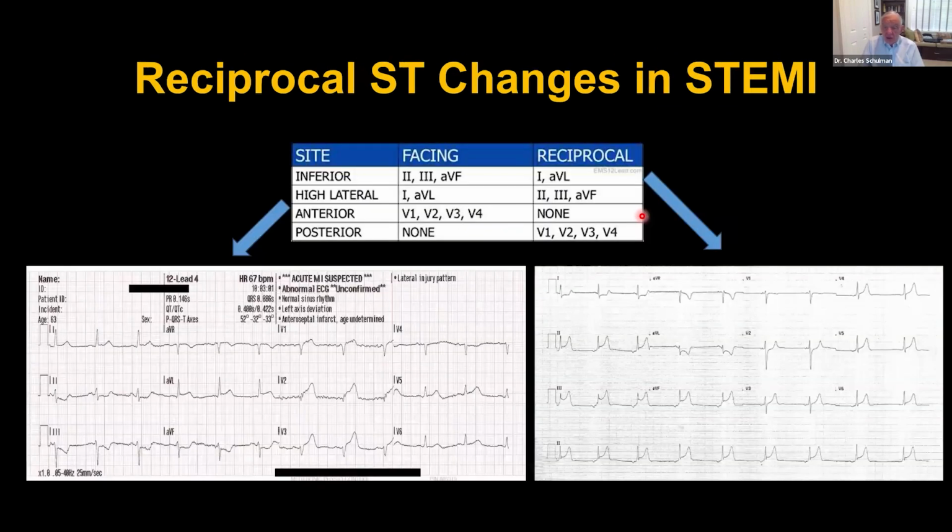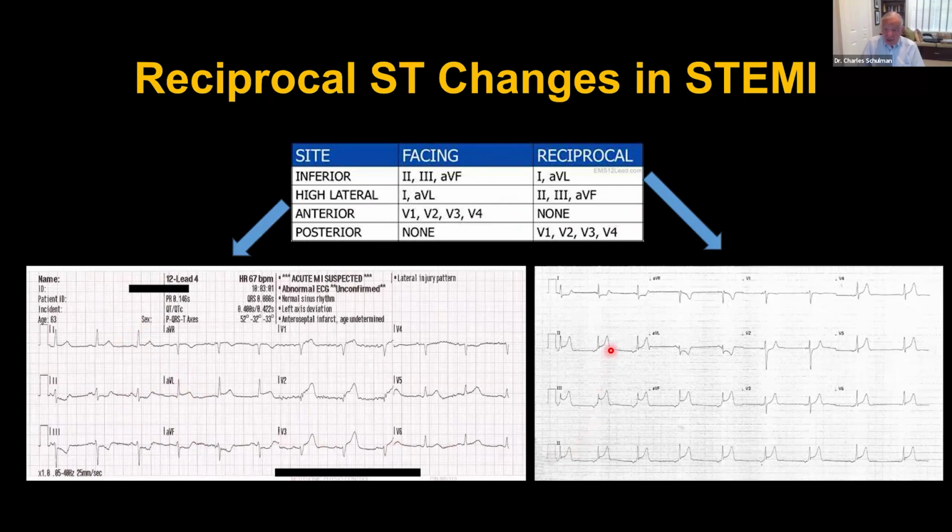Now, one cause of ST depressions is reciprocal ST changes in STEMI. Where you have ST elevation, the opposite leads will have ST depression. Here, for example, is ST elevation in leads 1 and AVL, and ST depression in 2, 3, and AVF.